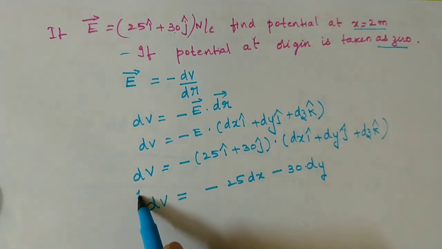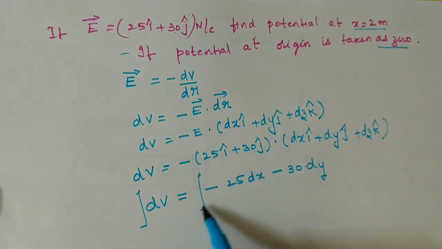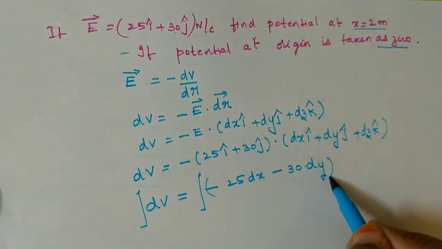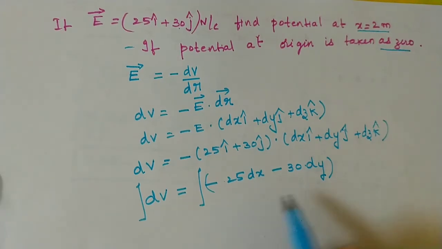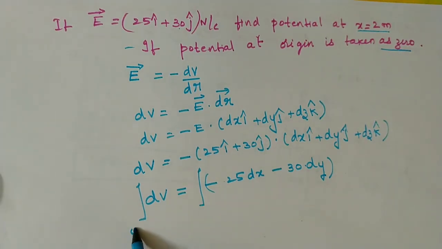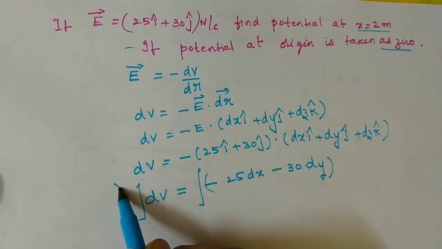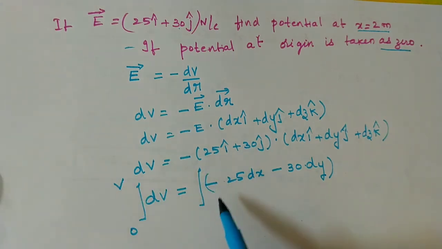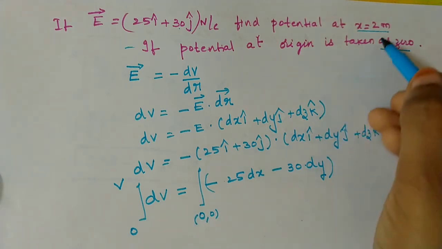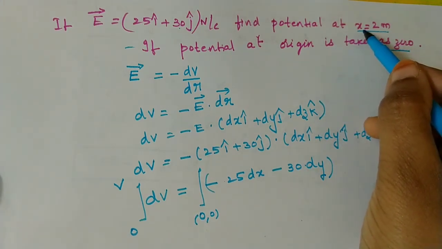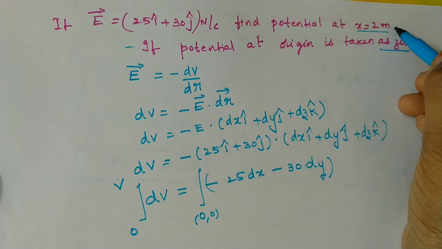Now to get the answer, we have to integrate this relation, and while you are integrating this relation, you can use the limits. Potential at origin is taken as 0, and we want potential at x equal to 2, I'll write it as V. Limits are from 0, 0 to, they've asked you to find potential at x equal to 2.